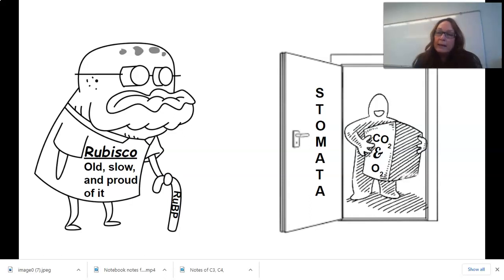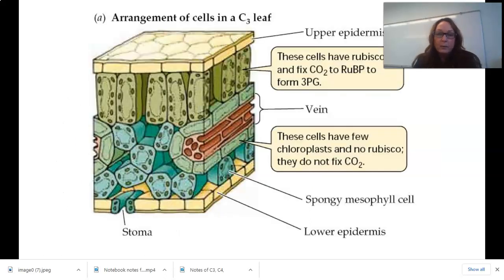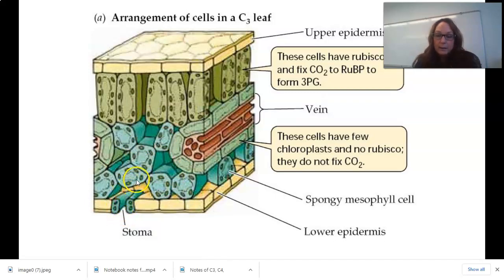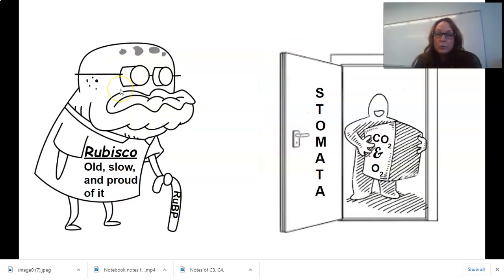When you've got the leaf set up like we have here, where you have all of these air pockets allowing the oxygen and the carbon dioxide to come in through the stomata, because the chloroplasts are here, and because both of those gases freely diffuse across membranes, your problem is Rubisco in those chloroplasts has exposure to both carbon dioxide and oxygen.